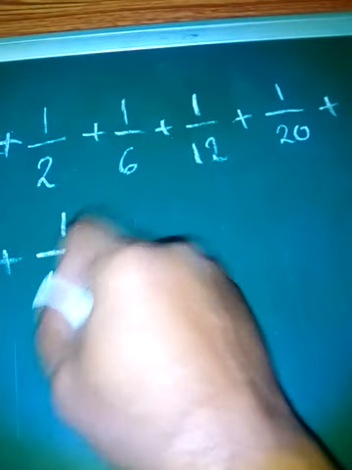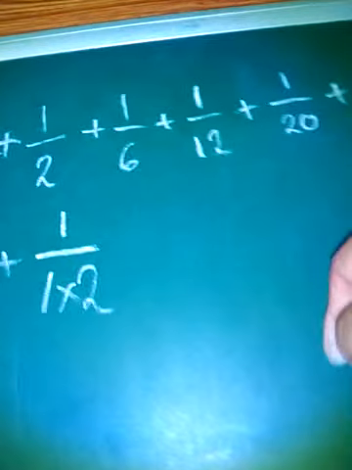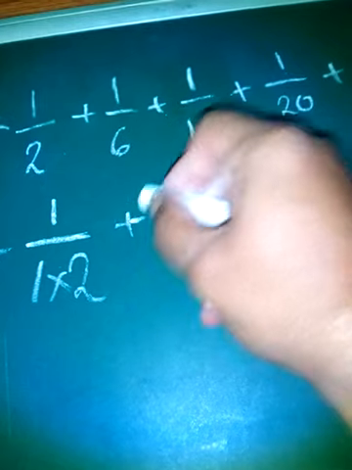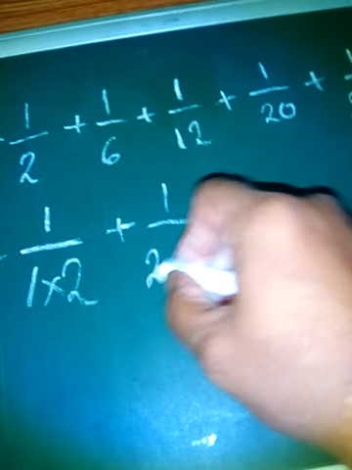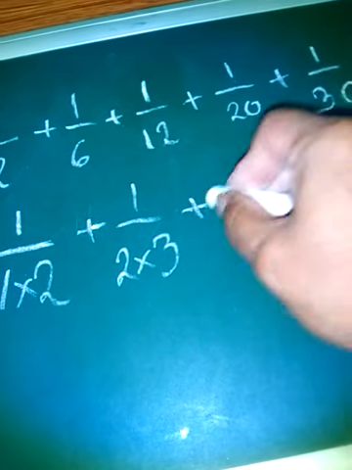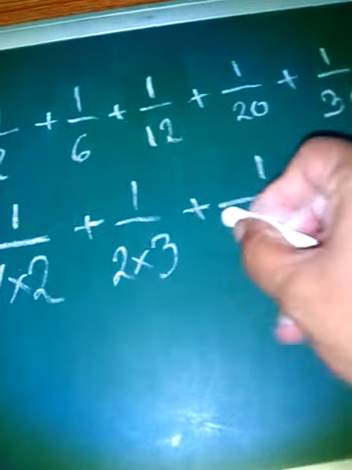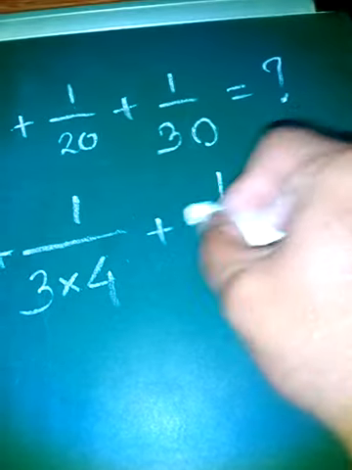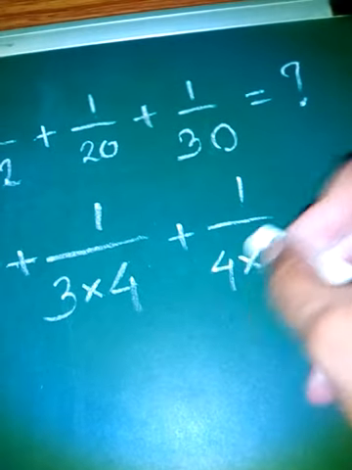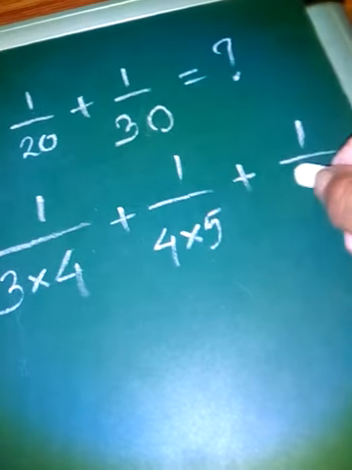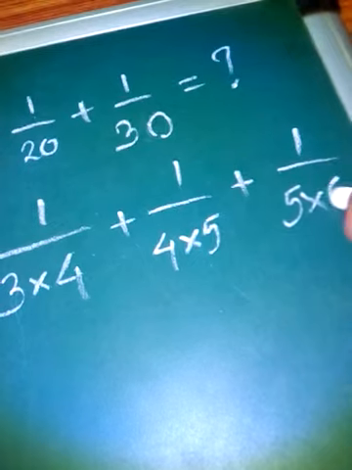1 upon 1 into 2, then 1 upon 2 into 3, then 1 upon 3 into 4, then 1 upon 4 into 5, and 1 upon 5 into 6.